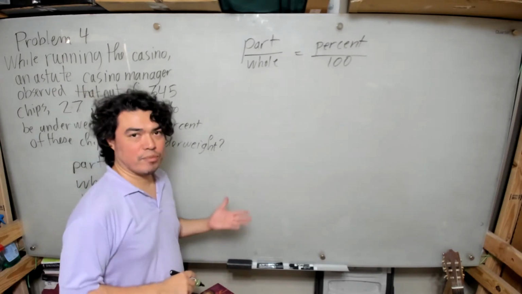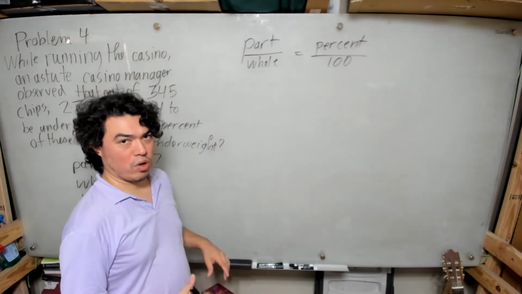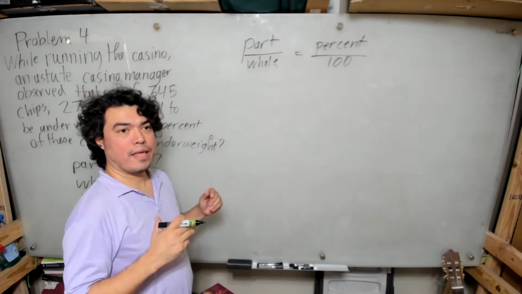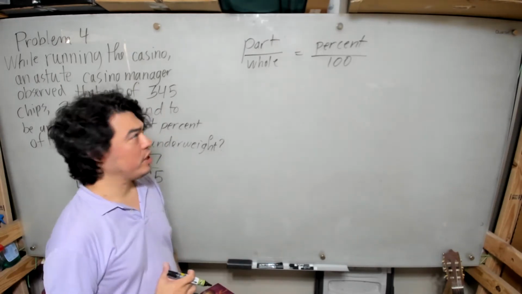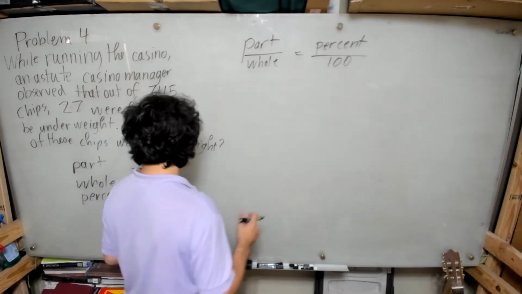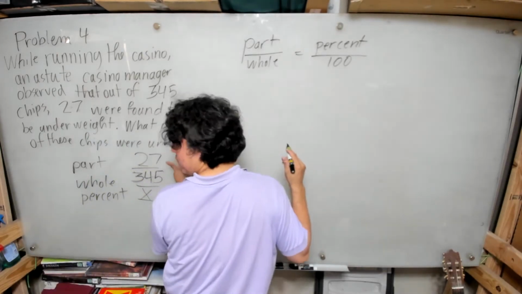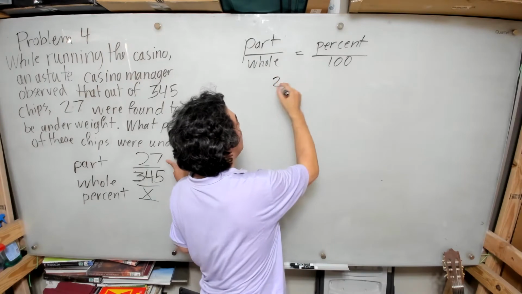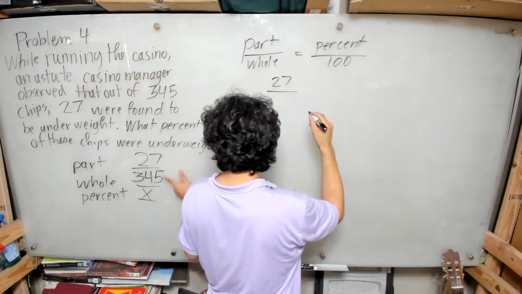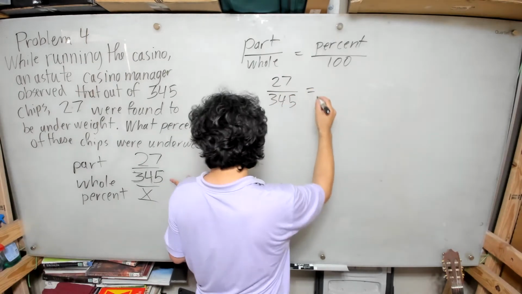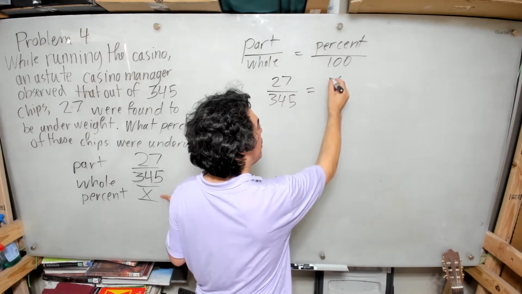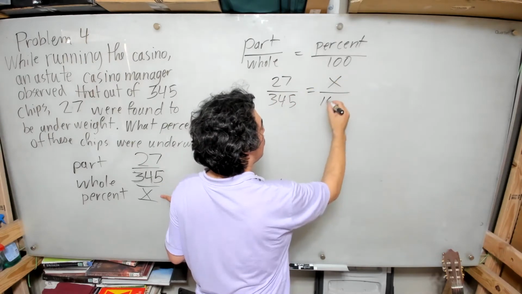If you see a percent problem and you identify what the part, whole, and percent are, and you set it up like this, then you'll automatically be able to set up the equation like I do here. So here my part is 27, so it's going to be 27 divided by my whole, which is 345, which will be equal to my percent. I don't know it, so I'm putting an X there, divided by 100.